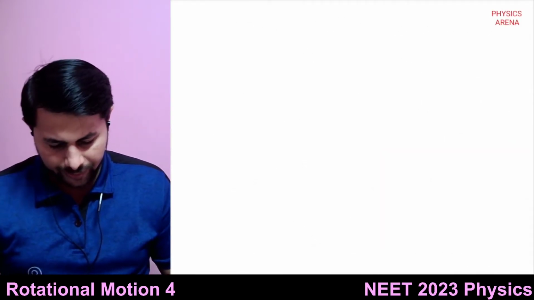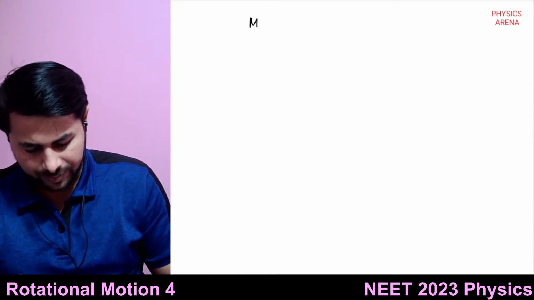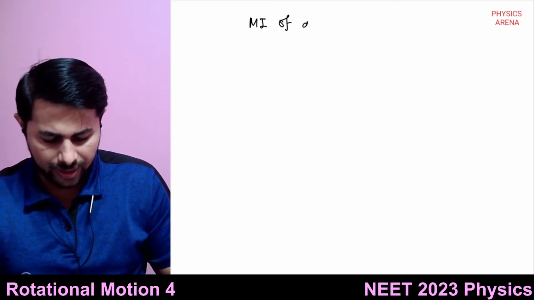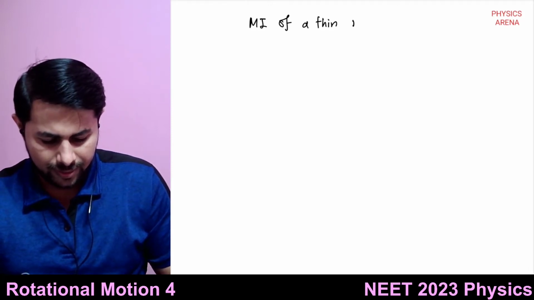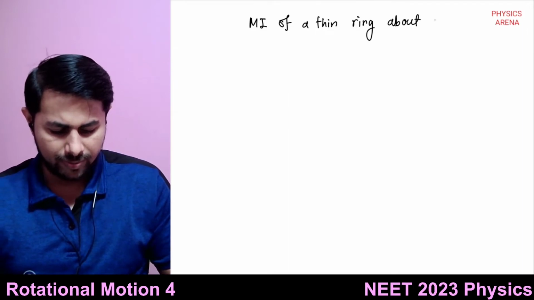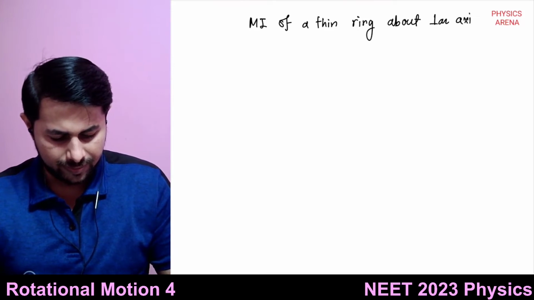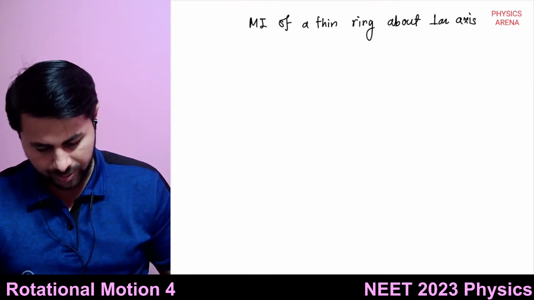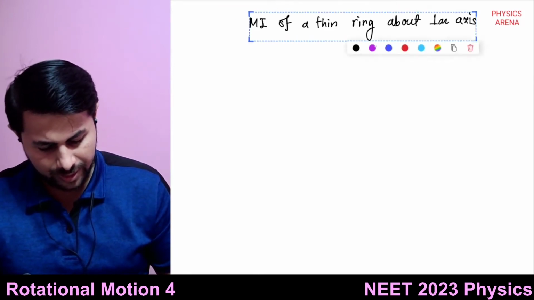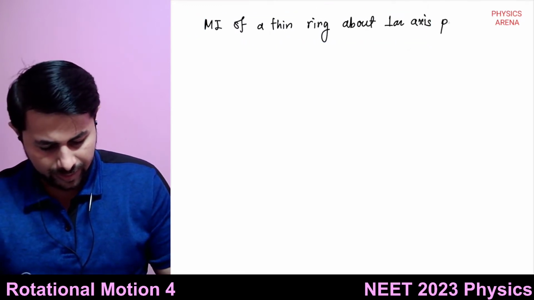Next we'll find out the moment of inertia of a thin ring about a perpendicular axis which passes through the center of mass.